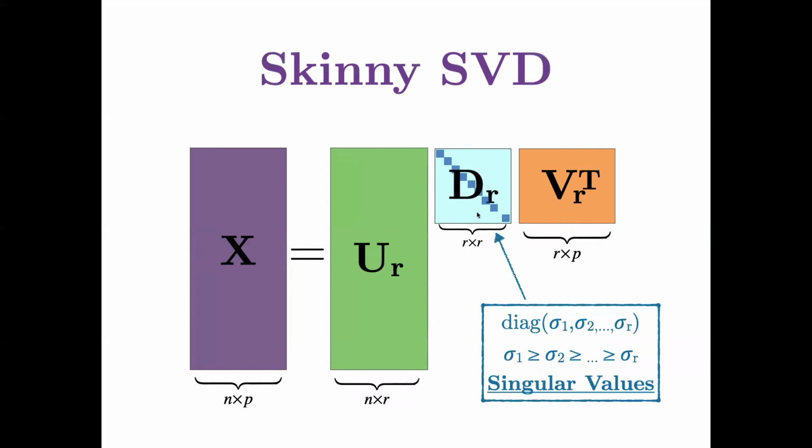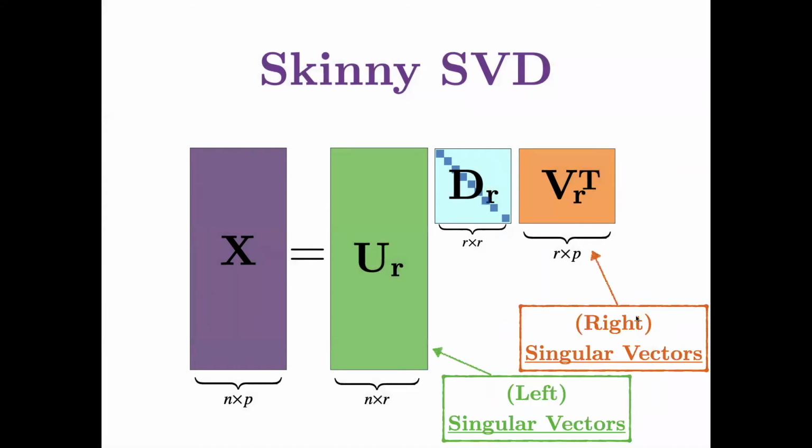Now, this diagonal matrix, those elements along the diagonal are called singular values. Singular values are always ordered from largest to smallest, and they are greater than 0. V contains the right singular vectors, and U contains the left singular vectors.